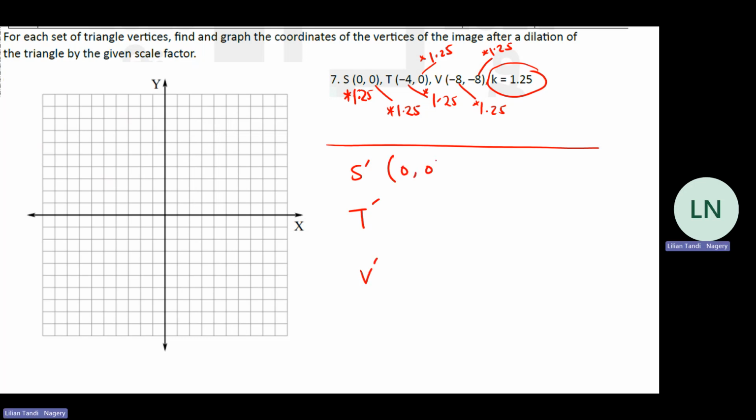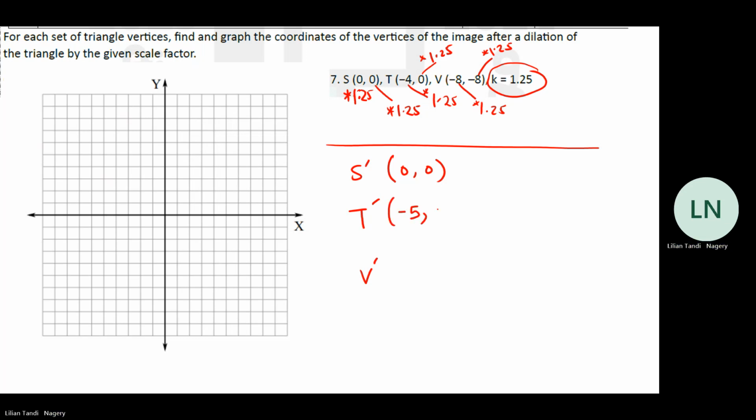So 0, because 0 times a number is 0. Okay, 1 1/4. -4 times 1.25, that should be -5.